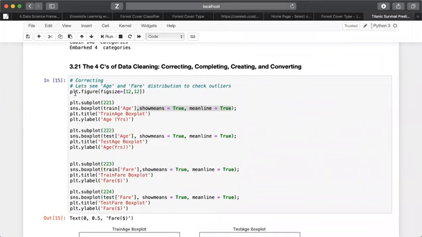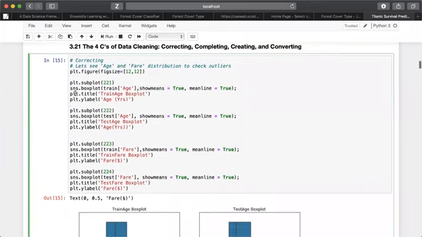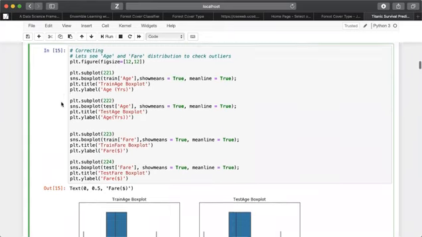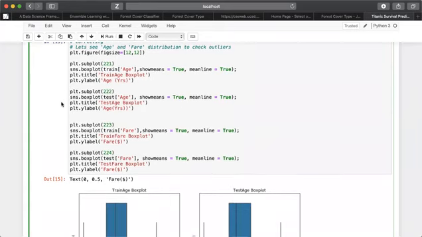So for the first step, correcting the data, we know that there are two continuous values in this data set, age and fare. To know the distribution of these continuous values in both train and test, I have plotted the box plot, using subplot so that I can compare them side by side.